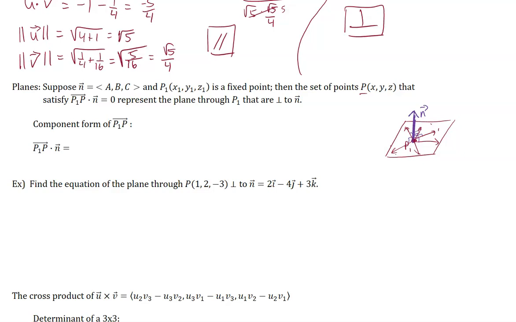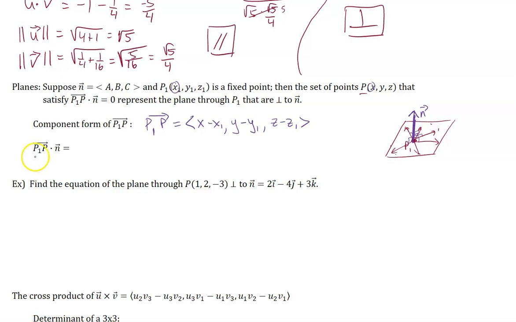We can first write a component form of the vector starting at this fixed point and passing through any generic point. So the vector from P1, that's a 1, not a comma, to P in component form is going to be x minus x1, y minus y1, z minus z1.